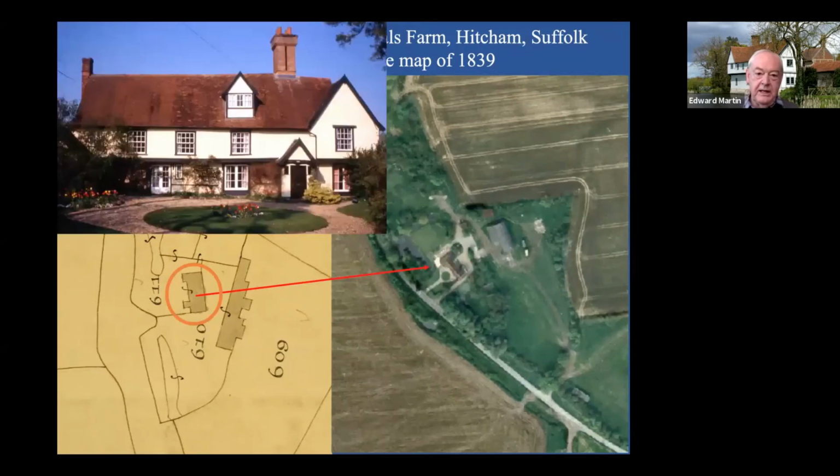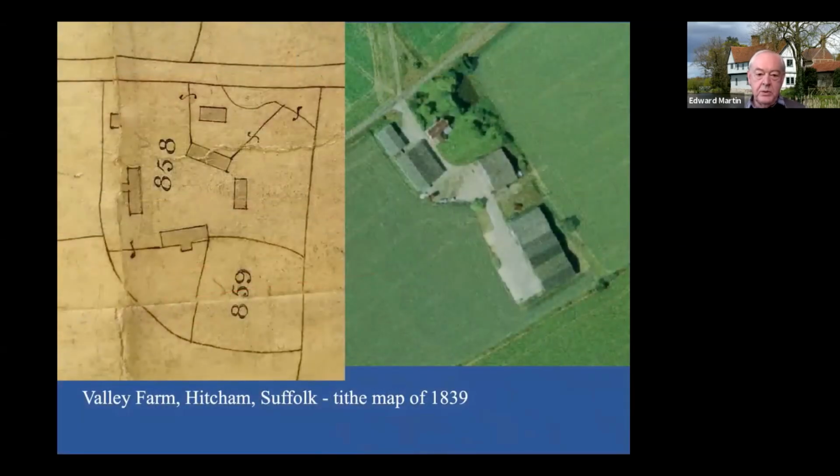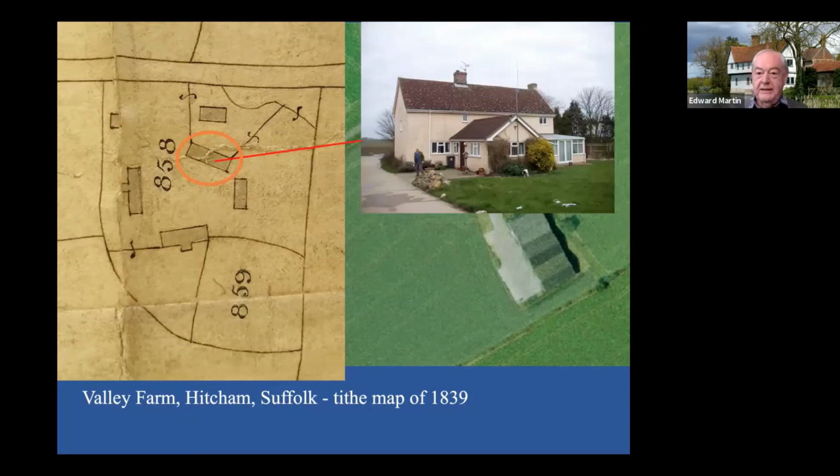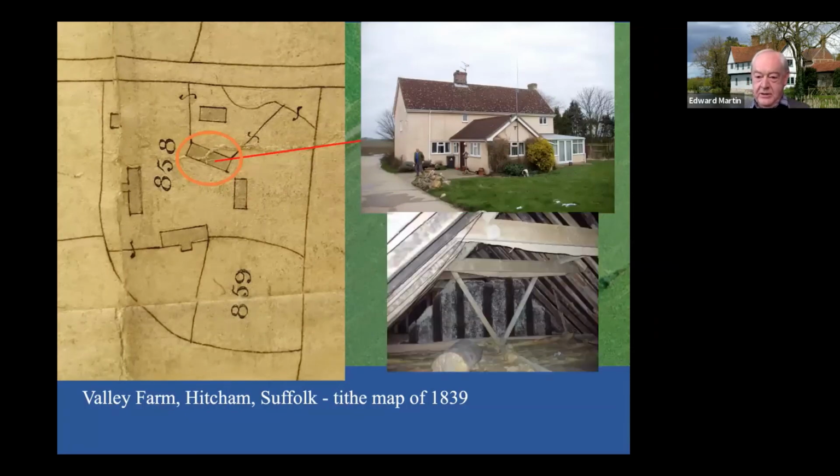We know it's an early house, so you can see it's actually got a crown post roof. This is also in Hitcham, and there's the house. It doesn't look like much, but you go inside and there's remains of an open hall with a crown post.